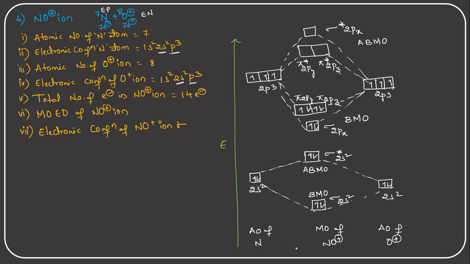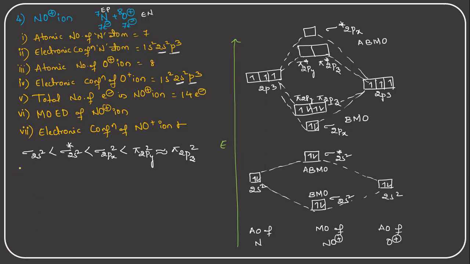So here in ascending order we need to write the electronic configuration, which starts with the sigma 2s2, having lesser energy than the sigma star 2s2, which has lesser energy than the sigma 2px. Two electrons have lesser energy than the pi 2py, which is equivalent in energy with the pi 2pz, having 2 electrons.